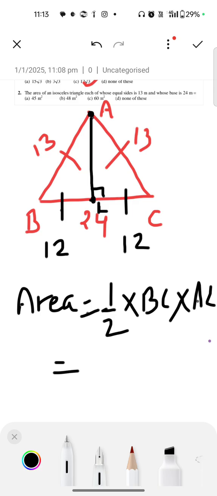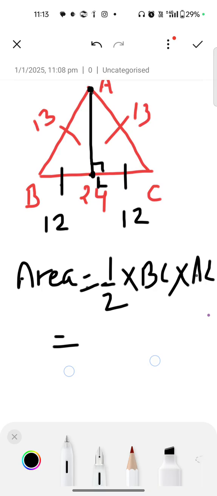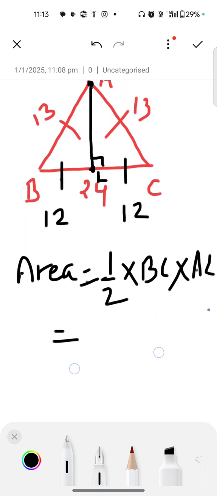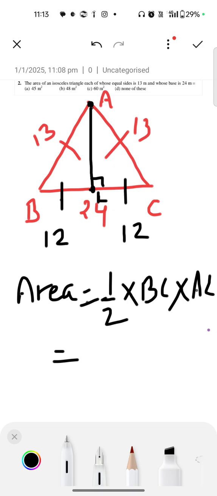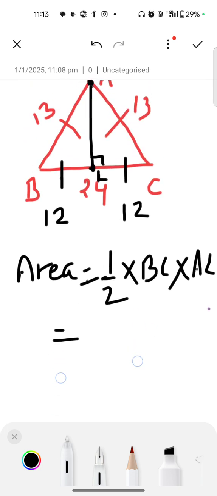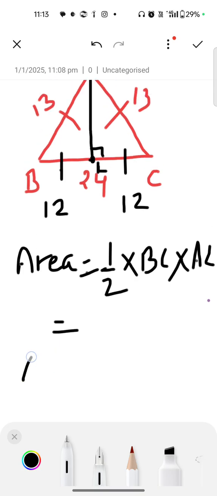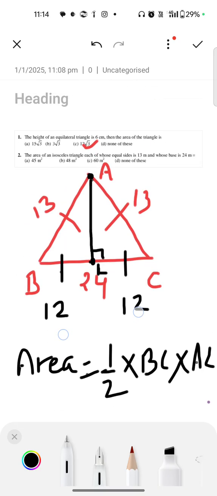Since we have a right angle triangle ALC, where we know the value 12 and this is 13, we can get the value of AL by applying the Pythagoras theorem. It says that AC square, which is the hypotenuse, equals base square, which is CL square, plus AL square, which is the perpendicular.